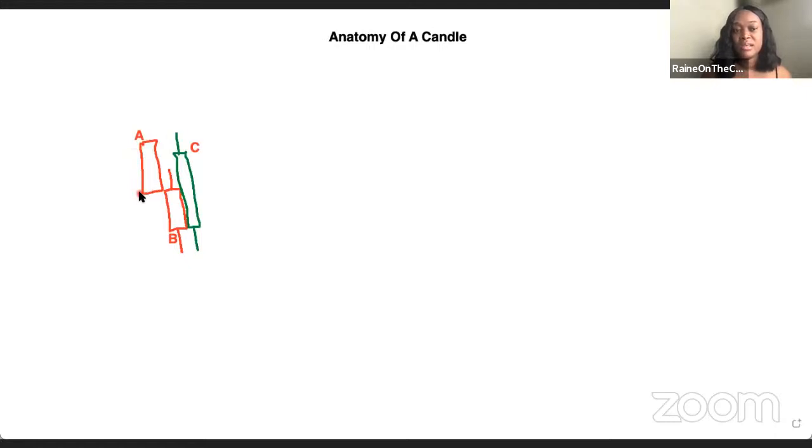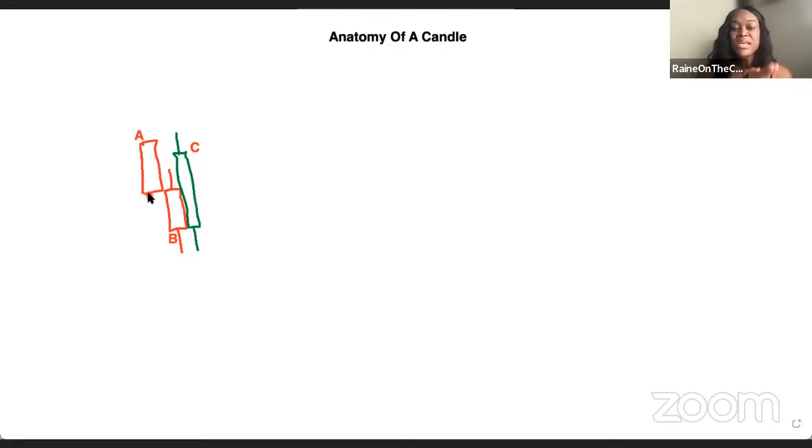Always. When it comes to a bearish candle, it's going to open at the top, it's going to close at the base. Okay. All right. So thank you for your participation.